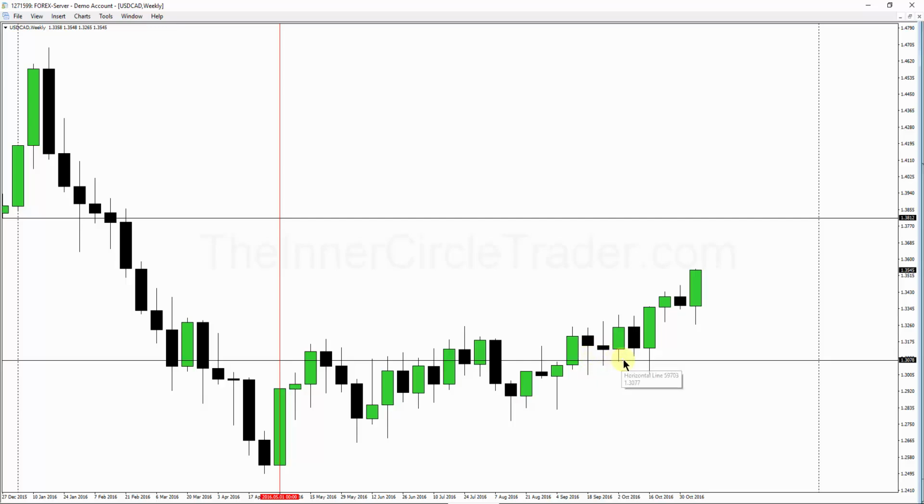Notice also the monthly candle at 130.70, we'll call it 130.80. We'll just round it to 130.80. That's close enough for government work. Price drops down into that a couple different times, and you see price has expanded.